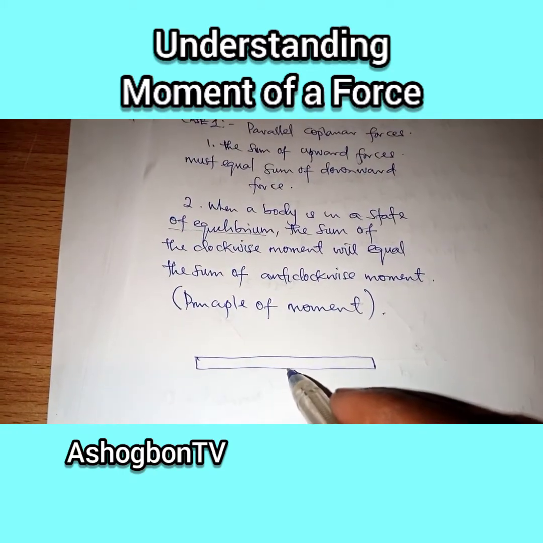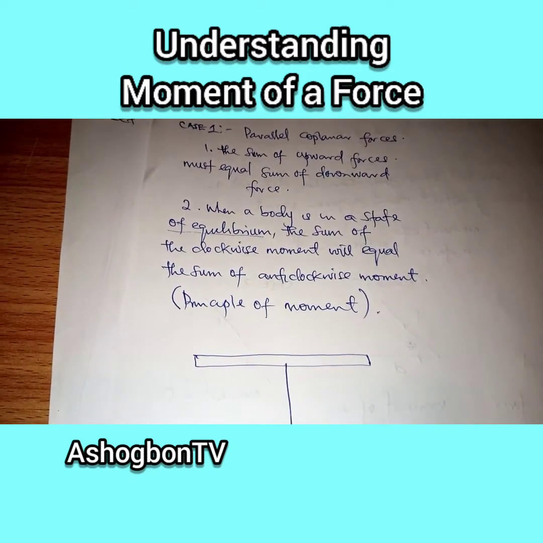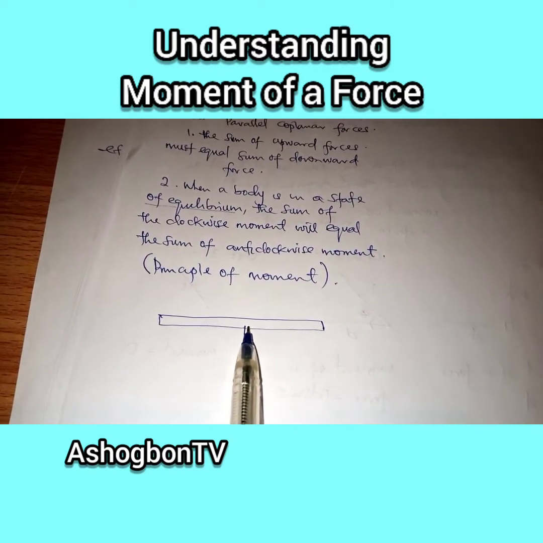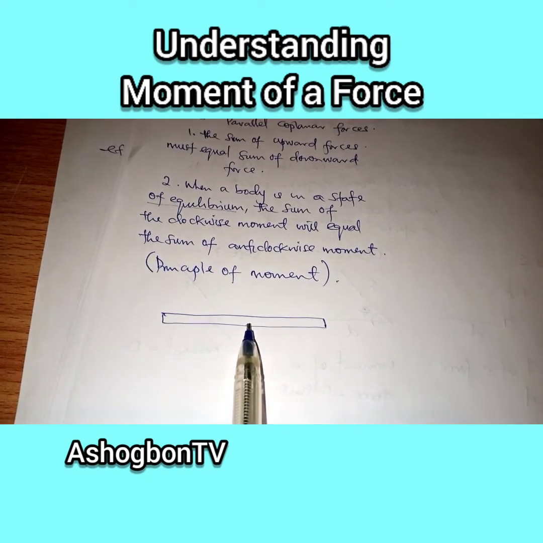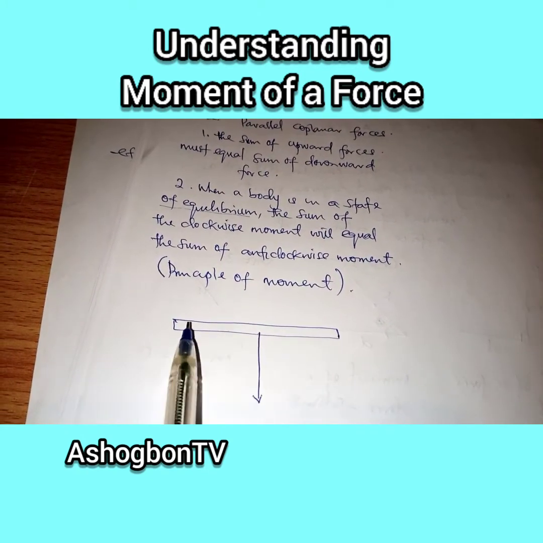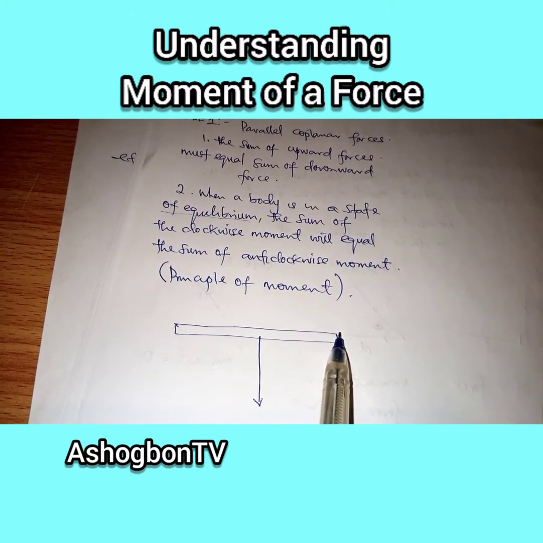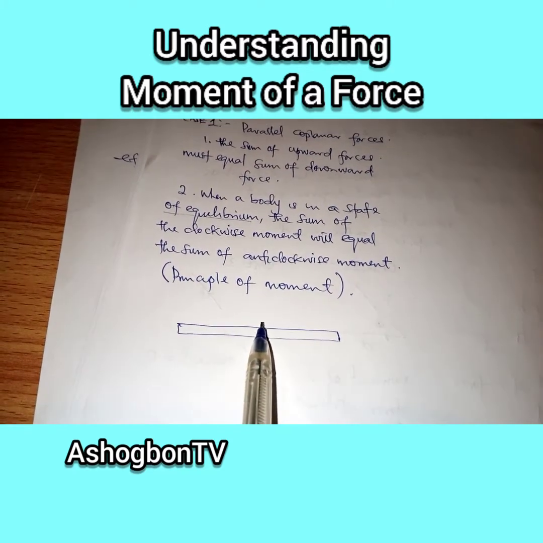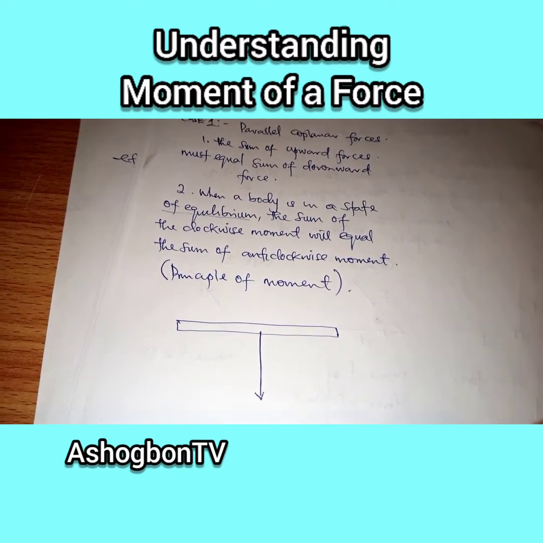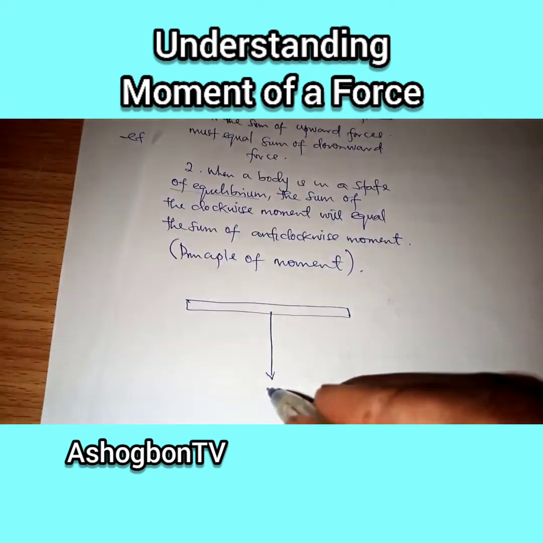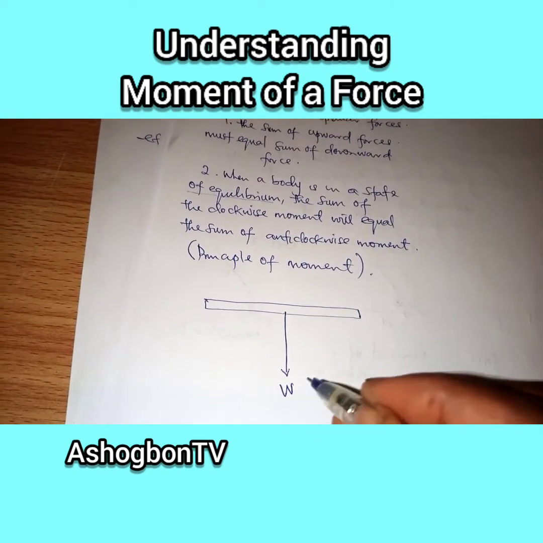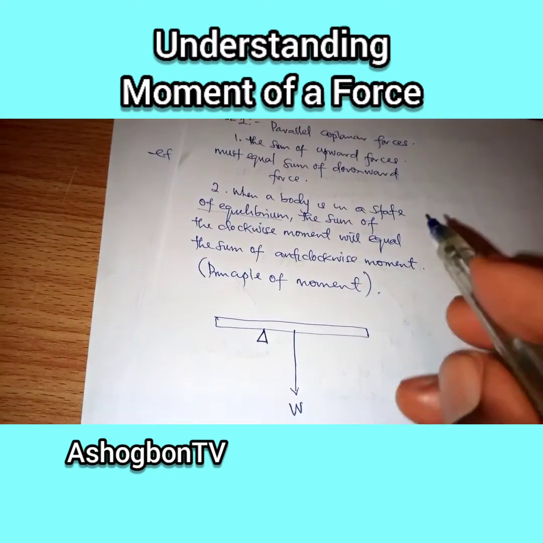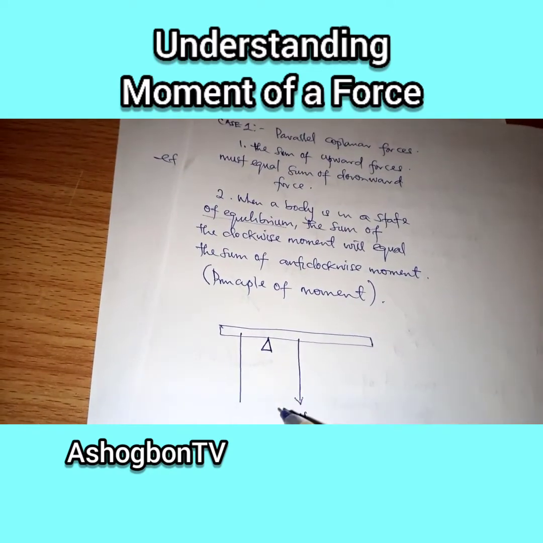In this case, we are looking at a uniform rod. Of course, any uniform object will have its weight acting at the center. So if this is 10 centimeters in length, then the weight of this body will be acting at 5 centimeters. So here, let's assume that this is W, and this rod is pivoted at this point, and we have another weight here.